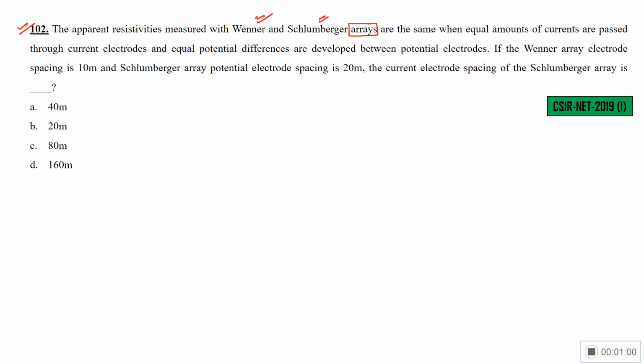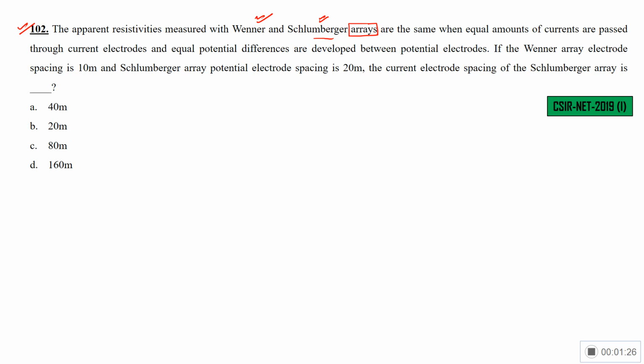So Wenner and Schlumberger arrays are the same when equal amounts of current are passed through the current electrodes and equal potential differences are developed between the potential electrodes.